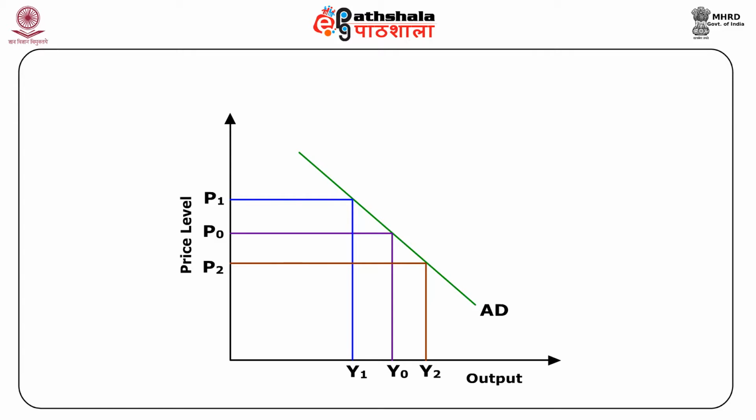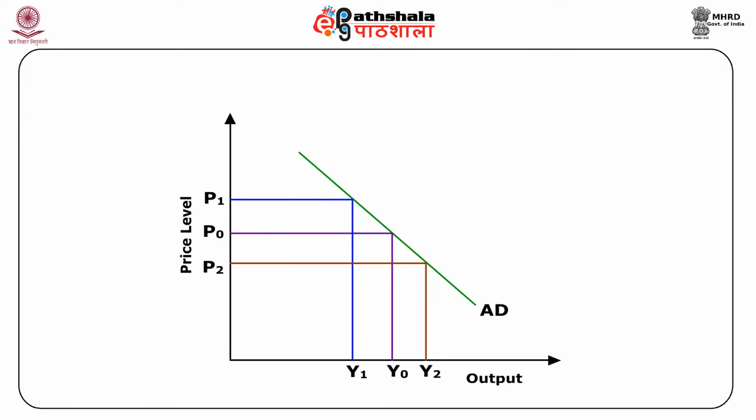In this way, ceteris paribus, for each price level, we can find the corresponding level of output for which the goods and money markets are in equilibrium. The locus of all these points gives the AD curve that represents the inverse relation between the aggregate price level and GDP.